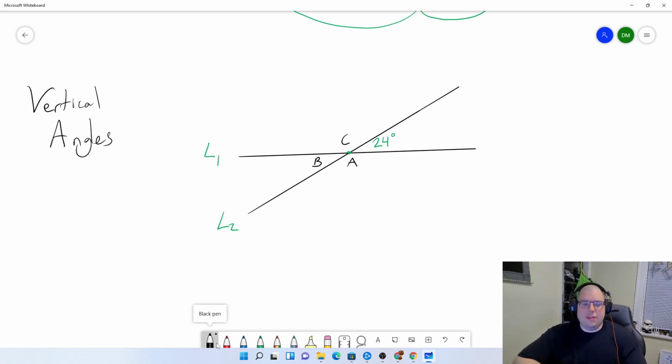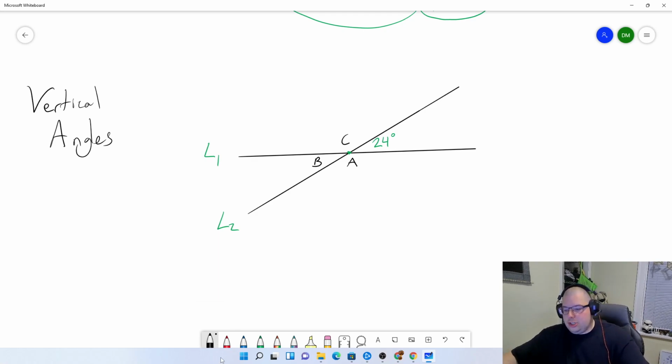The interesting thing that happens with vertical angles is we get a bunch of pairs of supplementary angles, and we can use that to solve for each angle, but then this also creates some congruent angles, which we can use, knowing the congruent angles, to solve things even faster.